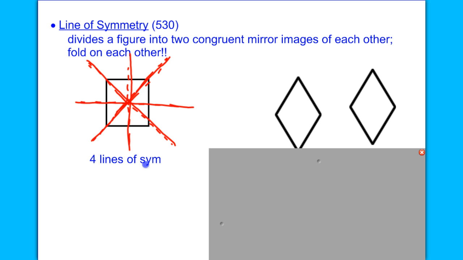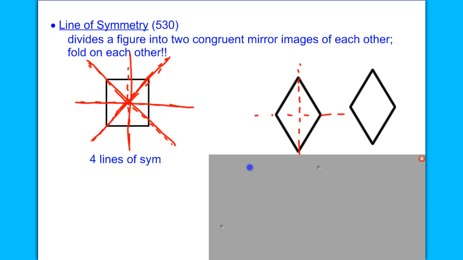How about in this? It looks almost like a rhombus shape. How many lines of symmetry do you think? Here, who could give us something? Izzy, do you think there's any line of symmetry we could draw there? He says straight down again. There's 1. And where else, Spencer? Okay, across, there's 2. And is there another way we could fold it right on itself, Brian? Like change it to like a parallelogram and write it through the middle.